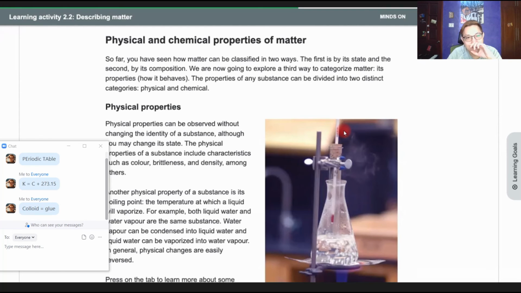Water is very weird compared to a lot of other substances.